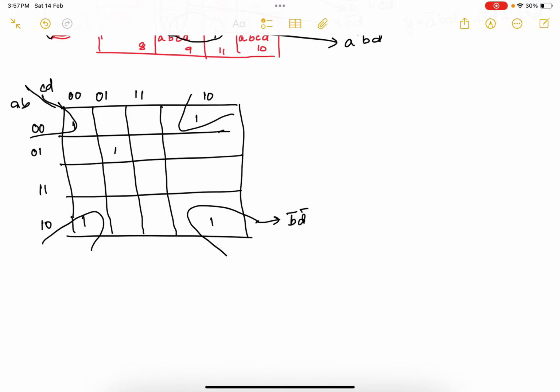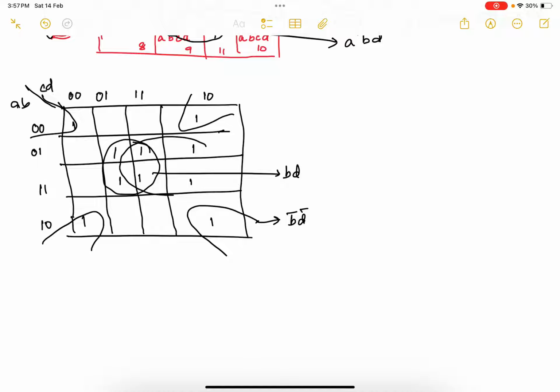And here if we have 1 1 and 1 1, it will form a quad. For this quad the answer will be B, common along the rows, and D, common along the columns: BD.